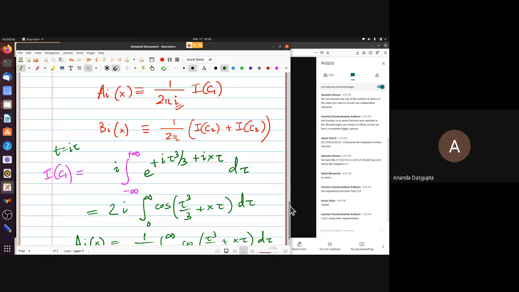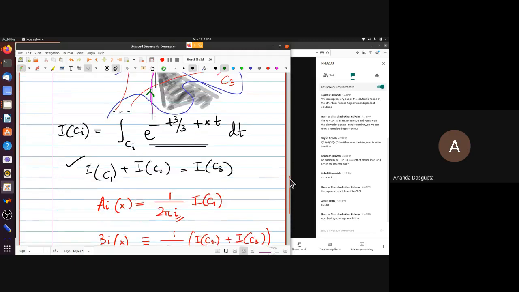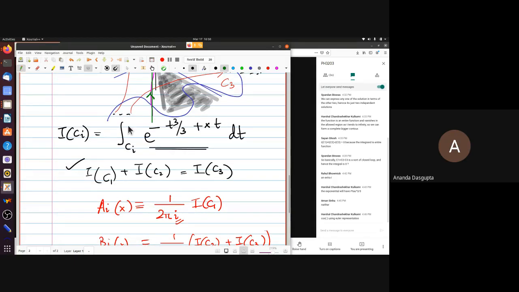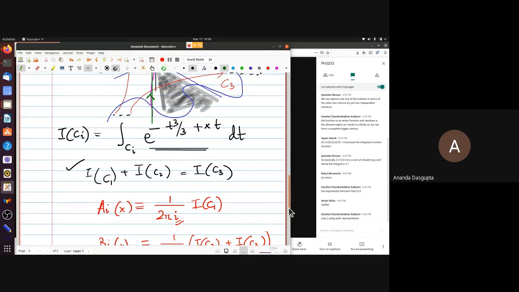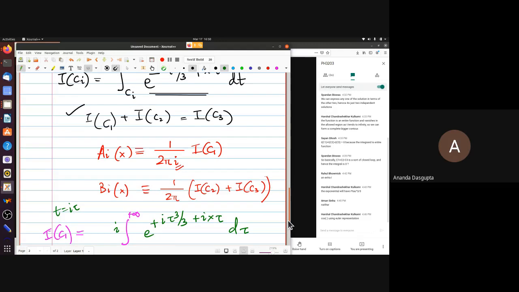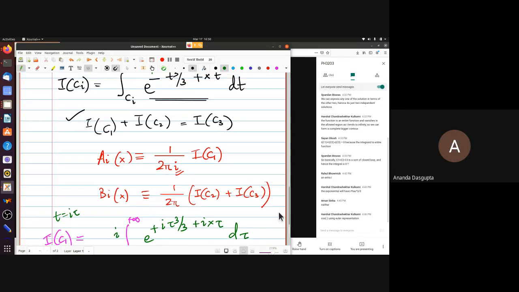Or forget this one, why not just use this one directly and try to figure out the behavior when x is very, very small. By the way, can anybody tell me what the value of this integral is when x is 0?